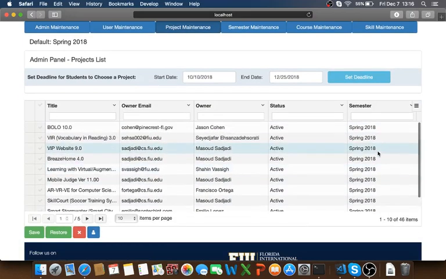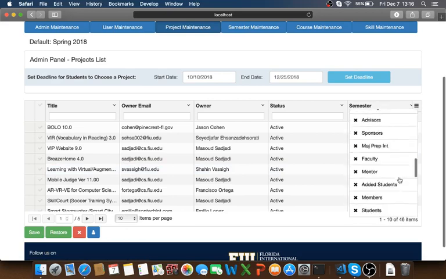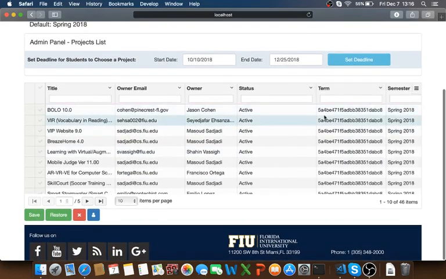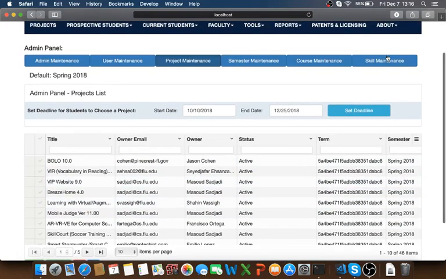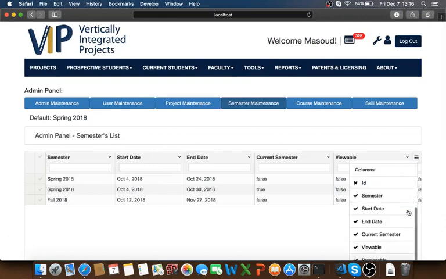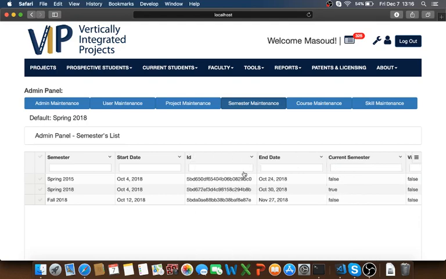It might say Spring Semester 2018, but if we were to look over at the term, you would see here that the term is 5A4BE. It's using the MongoDB ID and comparing it to the ID of the semester. So regardless of what it might say, Spring 2018, it's not the same ID. And that comes from me being on my local system, which is why it shows like that.